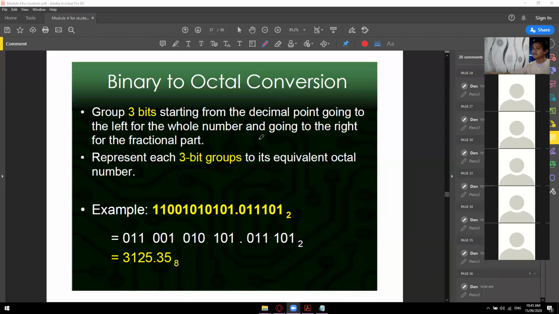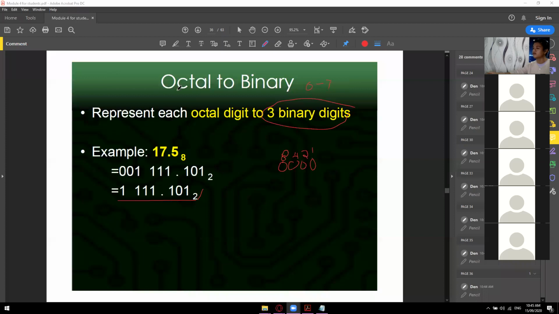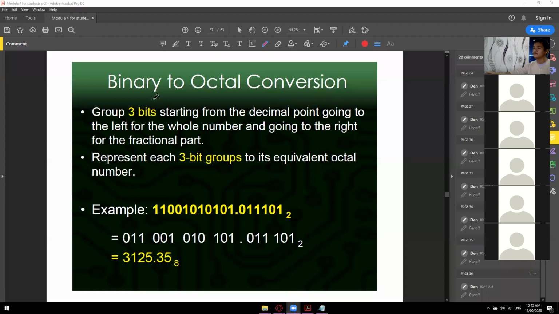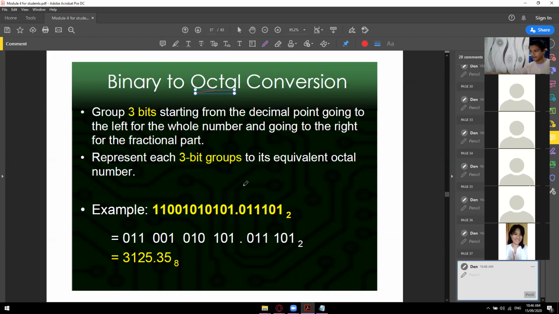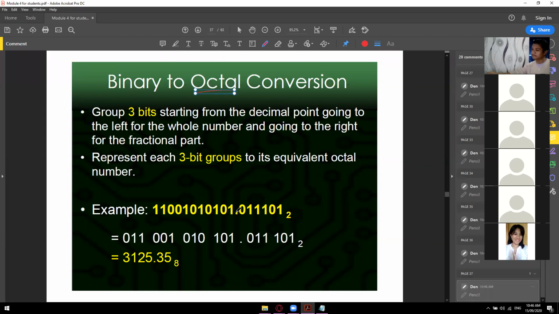Alright. So next one is binary to octal conversion. Earlier we had octal to binary. Now we have binary to octal. So I think you already know this. Instead of grouping it into 4 bits, group it now into 3 bits, since this is octal. Starting from the decimal point. So here, 0, 1, 1, which is this one.